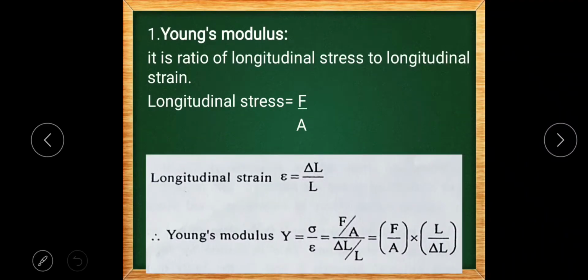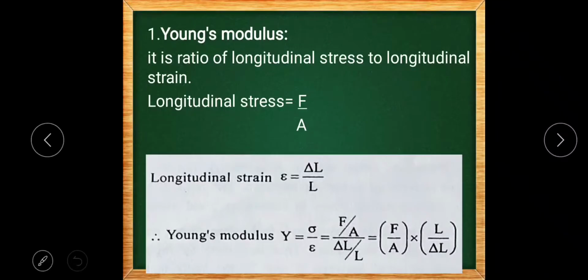First one is Young's modulus. It is the ratio of longitudinal stress to longitudinal strain. Here longitudinal stress can be known as normal stress.